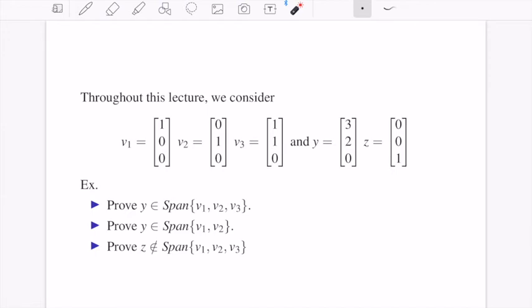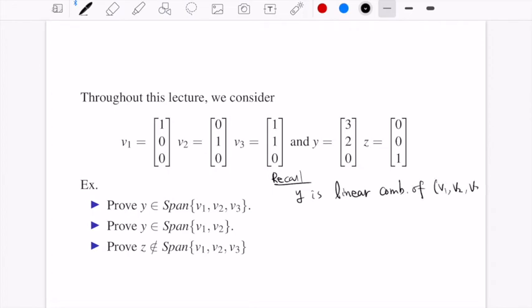Last time we concluded that y is a linear combination of v1, v2, v3, and z is not a linear combination of v1, v2, v3.